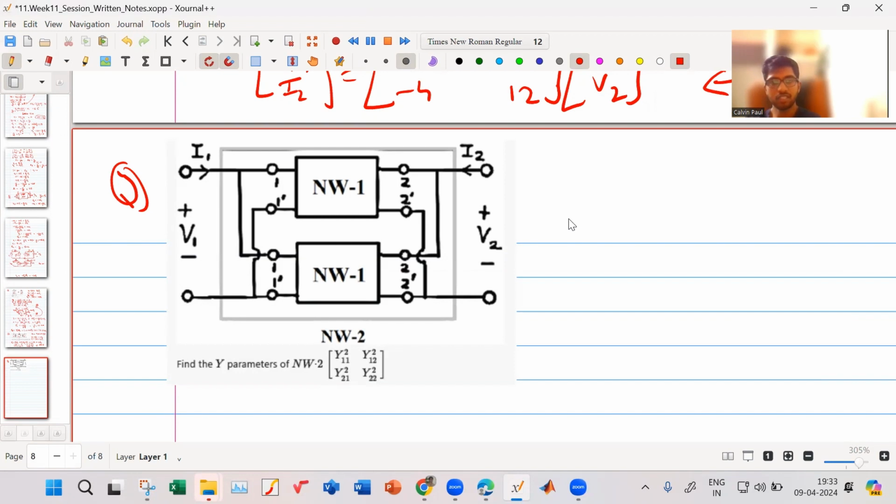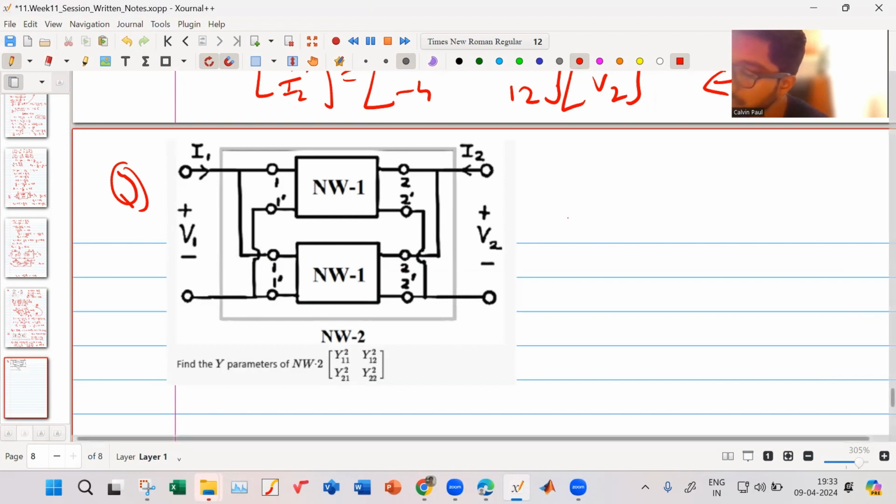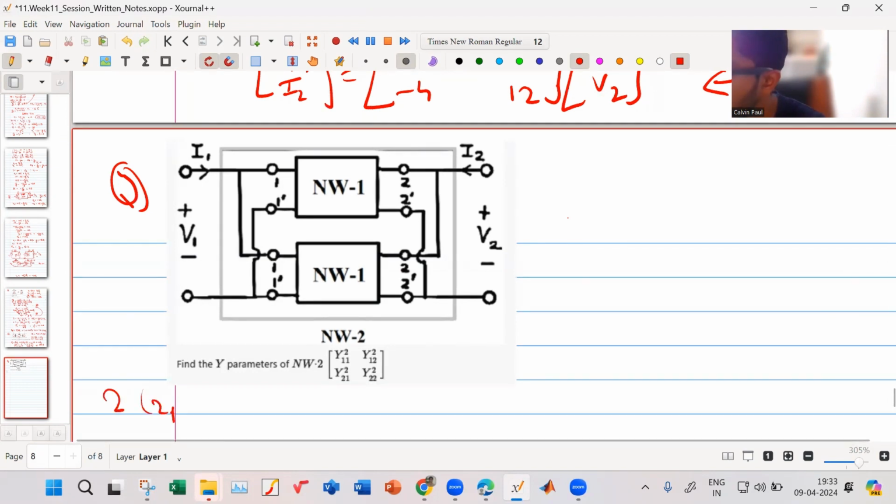Yes, if you're considering it as a single network. Is it cascading of the two networks? It is not cascading, it is connected in parallel. See, they are connected in parallel.